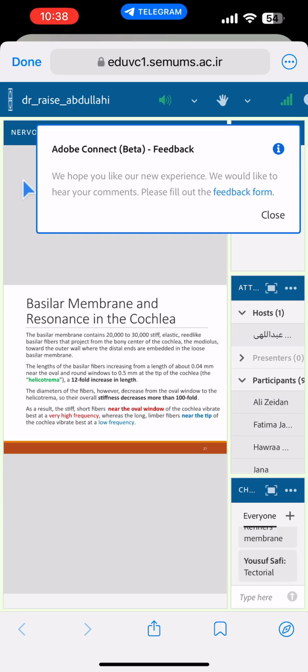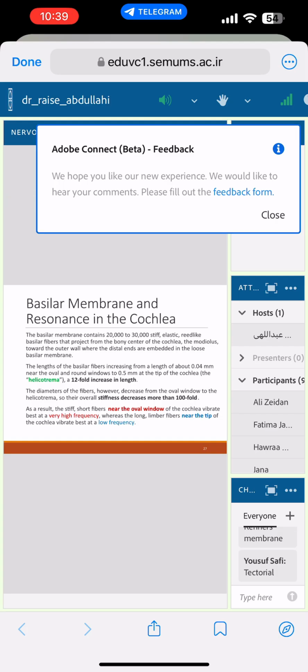The length of basilar fibers increases from about 0.04 millimeters near the oval and round window to half a millimeter at the tip of the cochlea, the helicotrema. So the tip of the cochlea is called helicotrema.